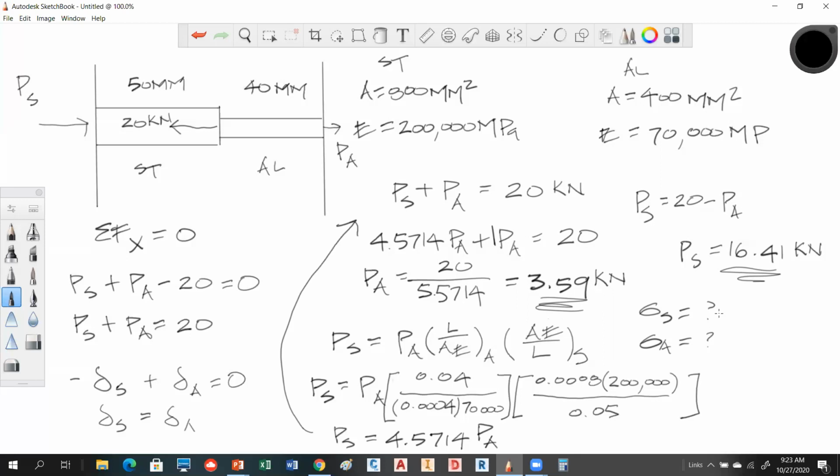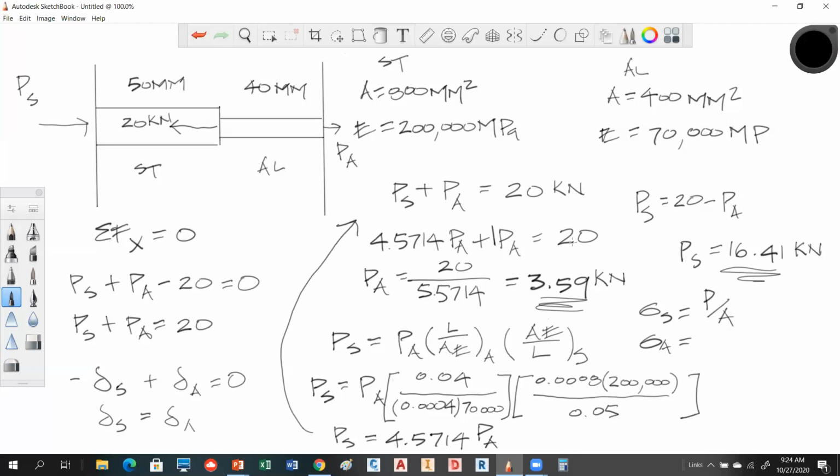Nobody knows the definition of stress? Definition of stress is what? Force divided by cross-sectional area.